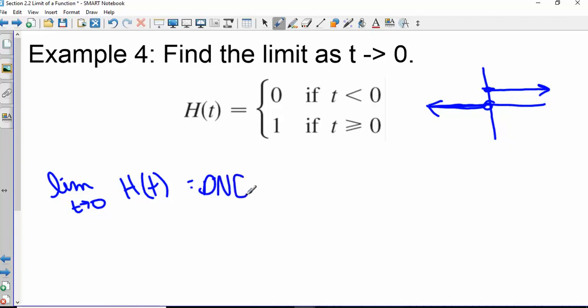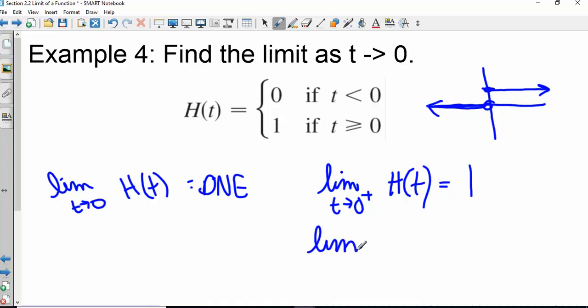So here, let me explain it this way. If I said the limit as t approaches 0 from, I'm going to put a little positive, that means from the positive side or from the right. So I'm coming from things bigger than 0. If I'm traveling from things bigger than 0, what does this approach? 1.